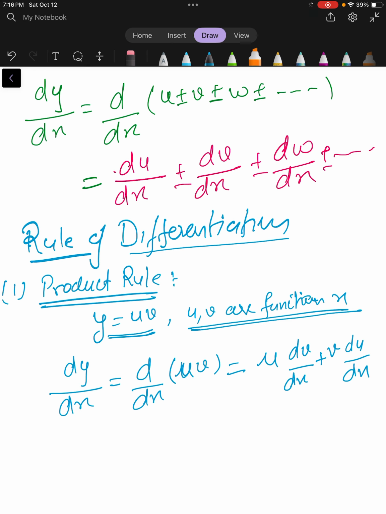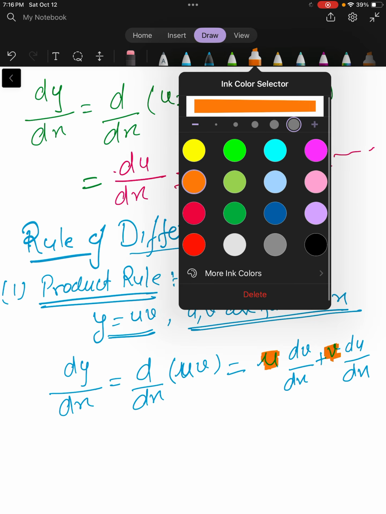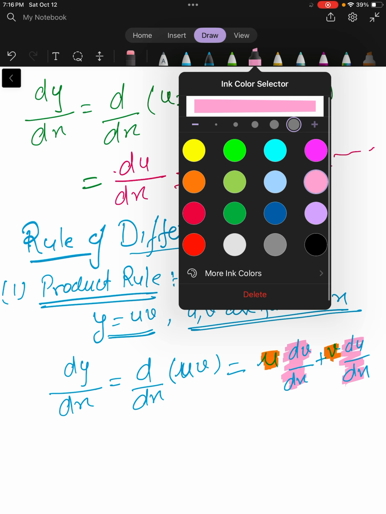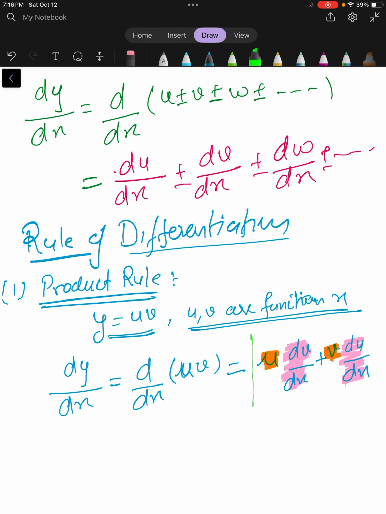The formula is that we take u and v as common, and after that we do the differentiation, dv upon dx and du upon dx. Finally, this will be the formula for the product rule.